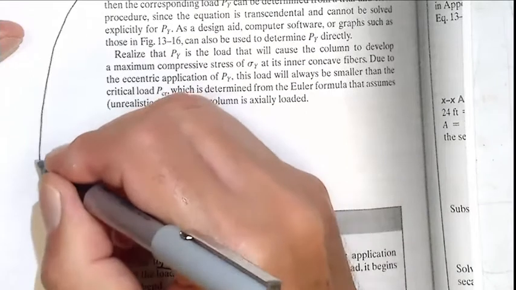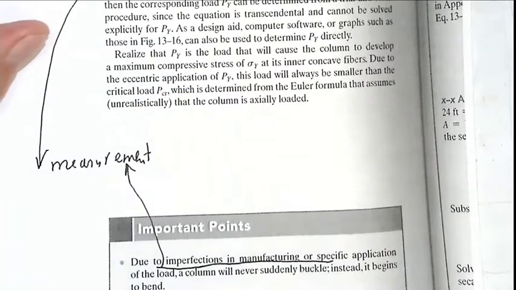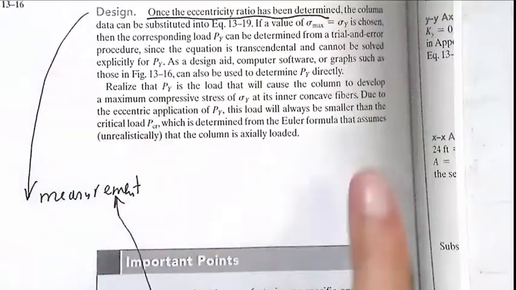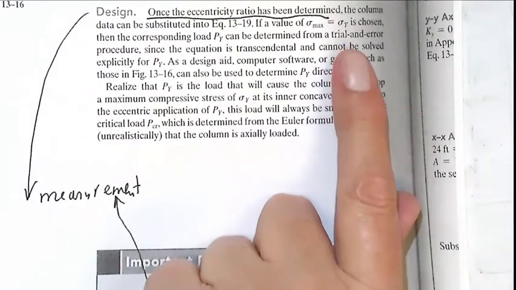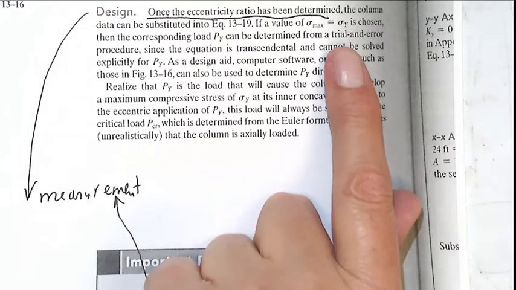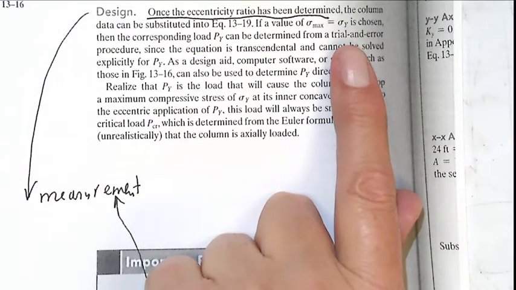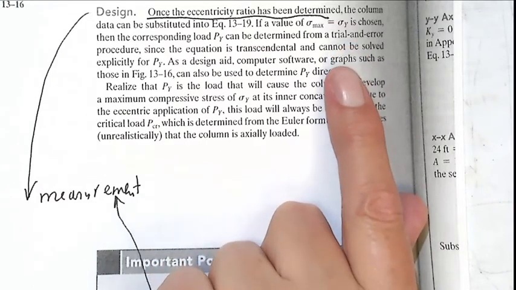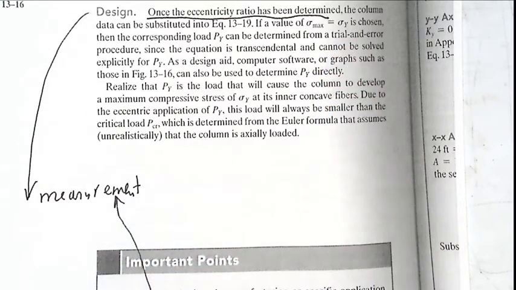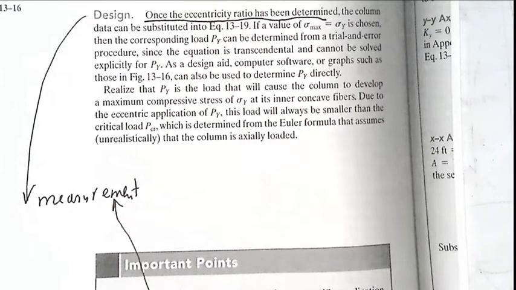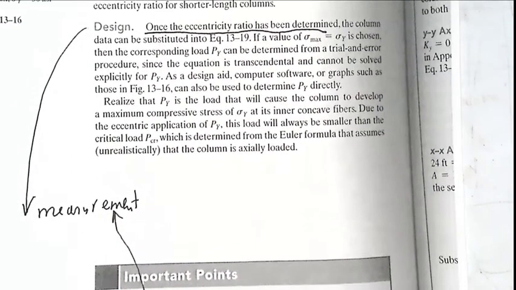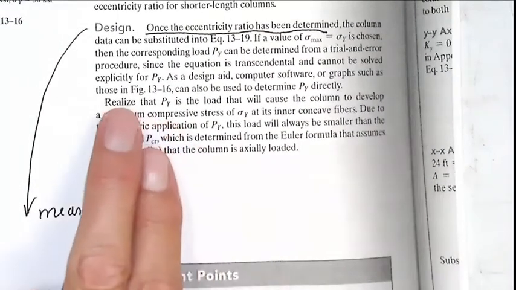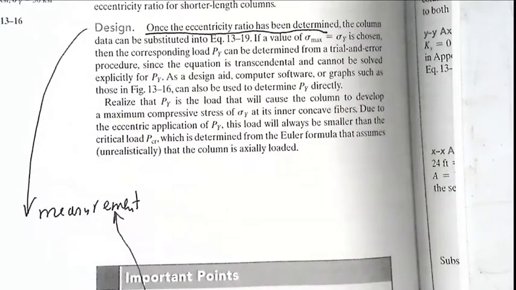This comes from measurement. If the value sigma maximum equals sigma yield, then the corresponding load Py can be determined from a trial and error procedure.